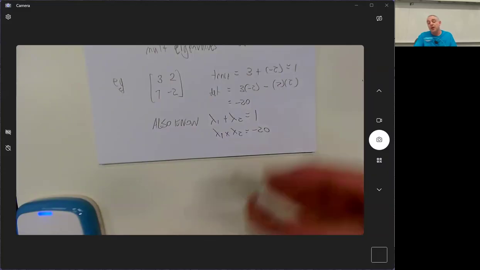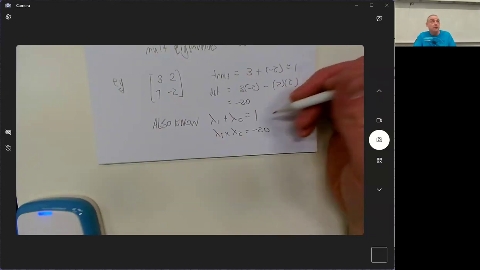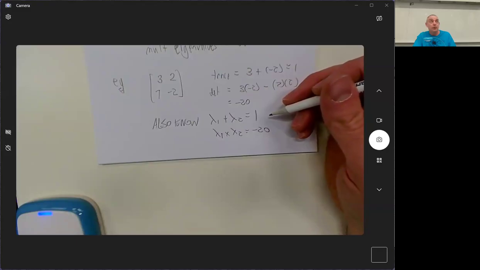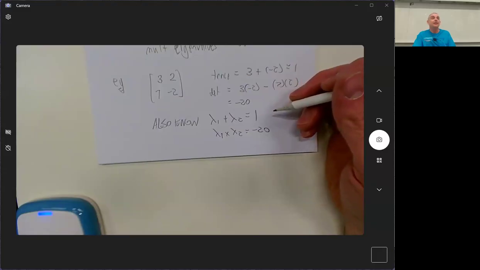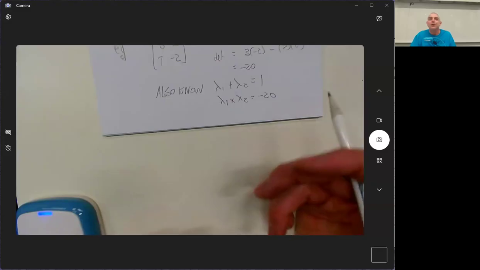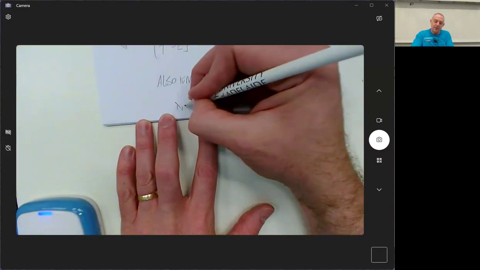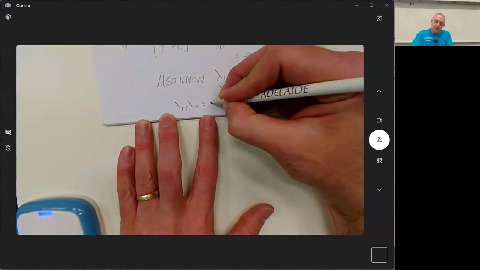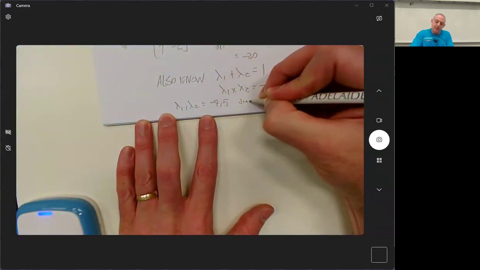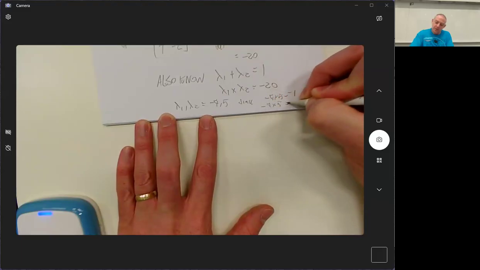If they're going to multiply to give minus 20, one of them is going to have to be positive and the other one's going to have to be negative. So let's see. 2 and minus 1, nope. 3 and minus 2, no. 4 and minus 5. Aha! There it is. Yay! Same as solving a quadratic equation. Exactly the same. And so we can say that lambda 1 and lambda 2 are minus 4 and 5, since minus 4 plus 5 is 1 and minus 4 times 5 is minus 20.